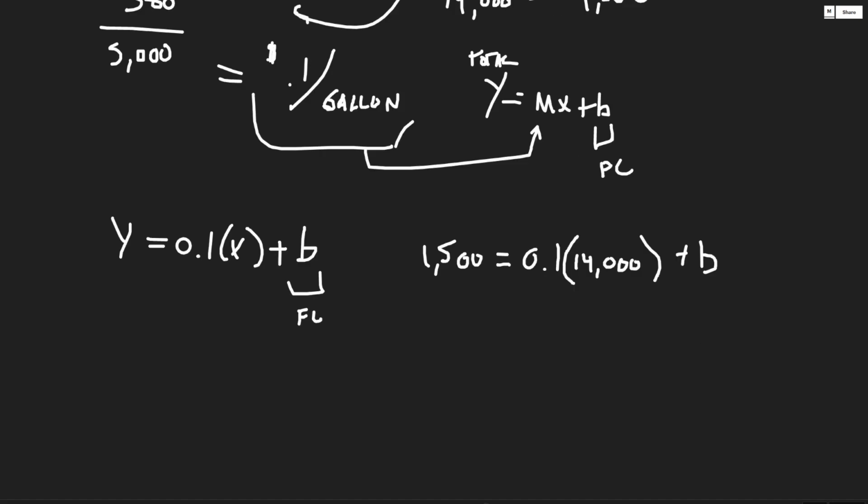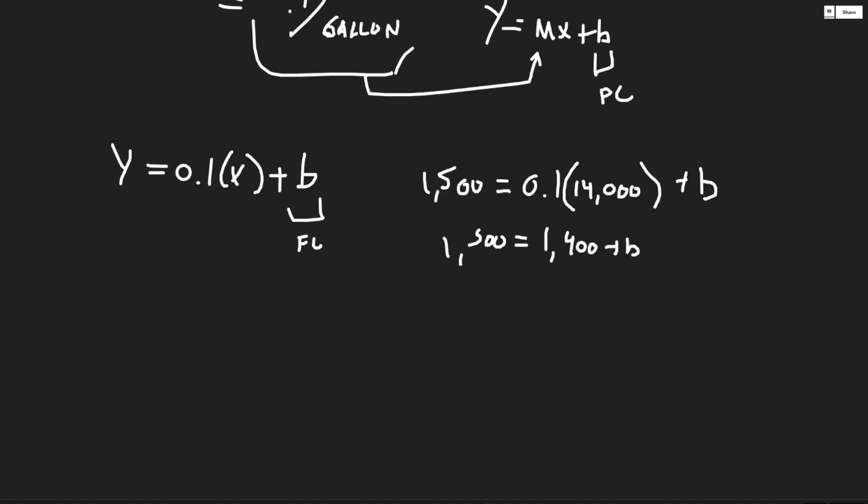So right here we can just multiply this 0.1 into there, and so we get 1,500 equals 1,400 plus b. So it's pretty obvious what's going to happen now. We just subtract this 1,400 across, and we get b equals 100.